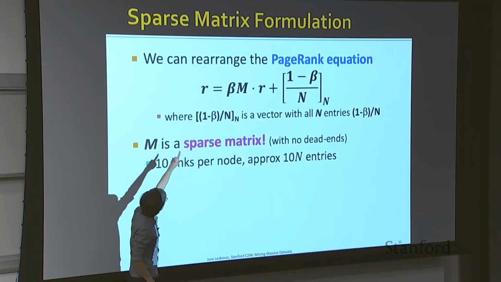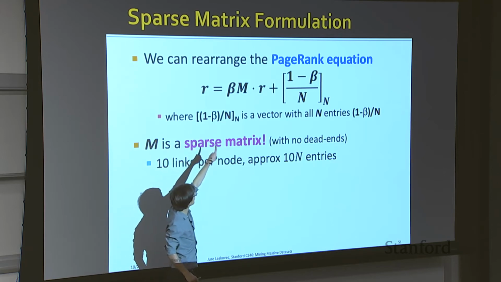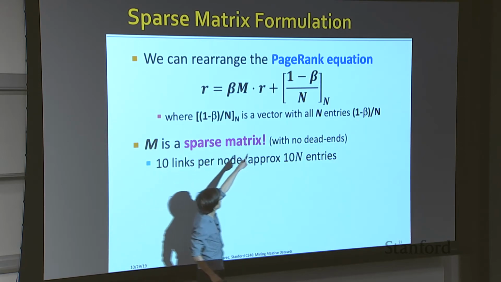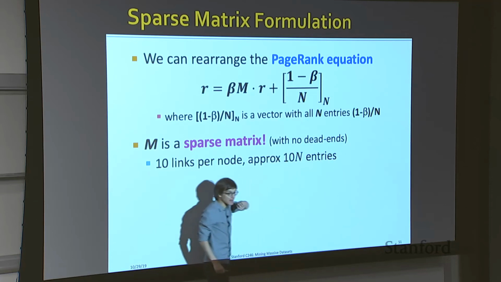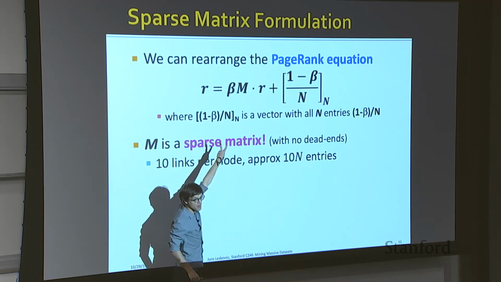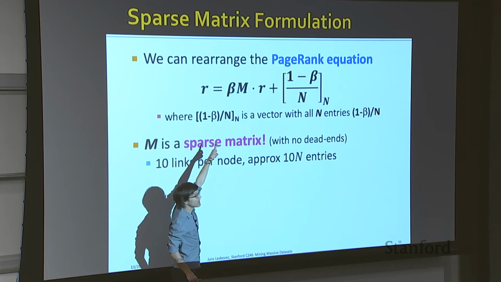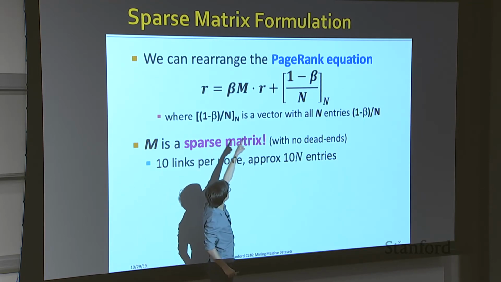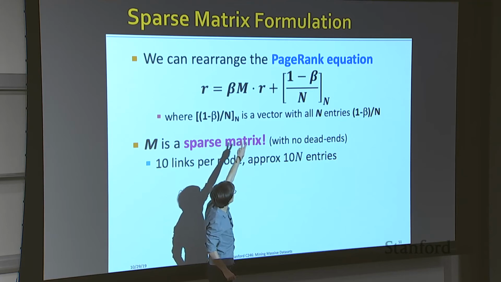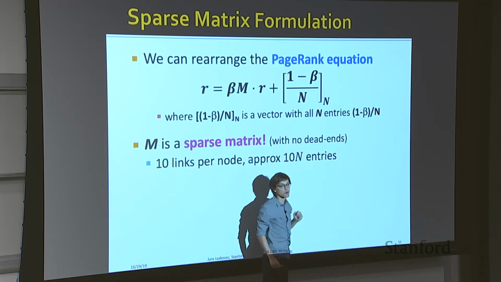Notice that now R equals beta times M times R plus some vector. This is elegant because M is a sparse matrix. Multiplying it with a scalar is still sparse. A sparse matrix times a vector is okay, and then I add some constant.